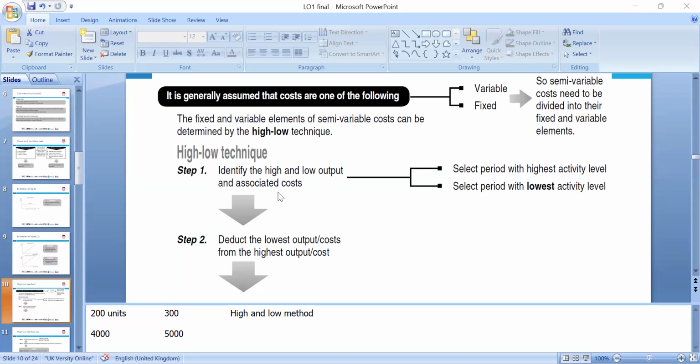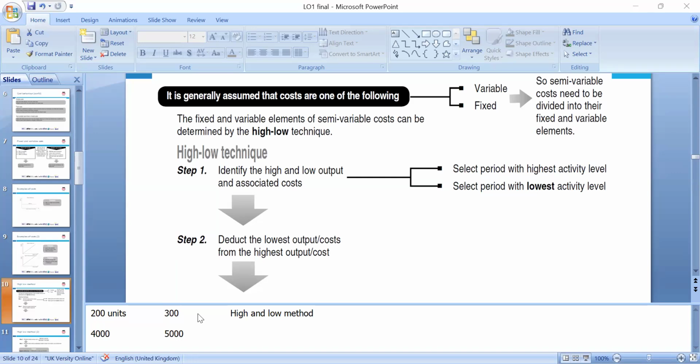Activity means how many units, or how many hours. Then we subtract high and low to get the difference, which goes through step 3. Are you getting it now? Yes, these are the steps we follow.